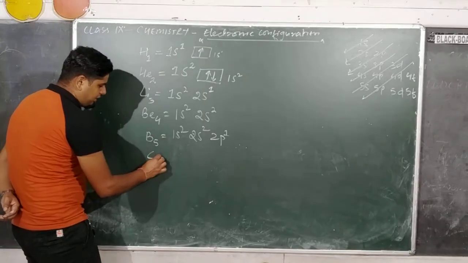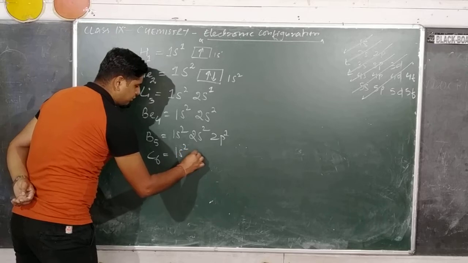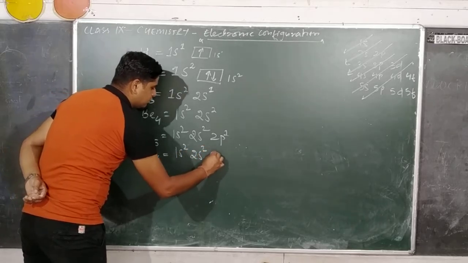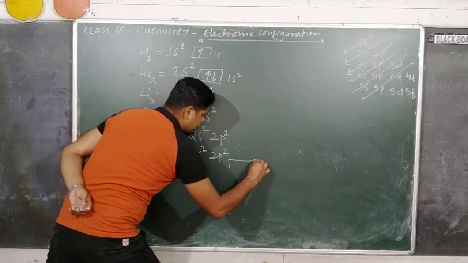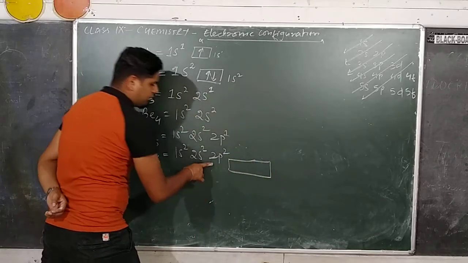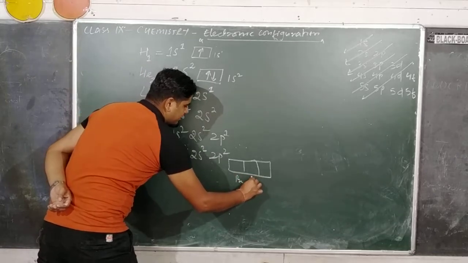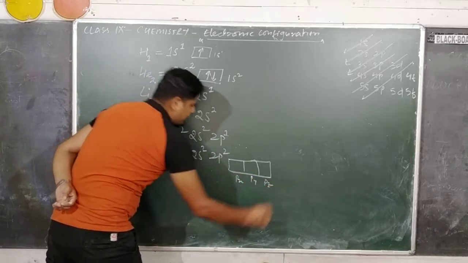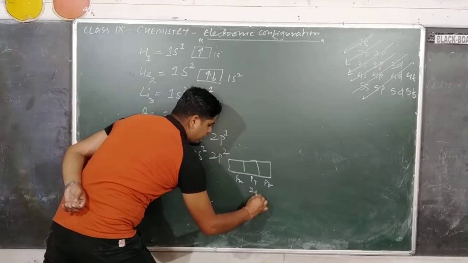Carbon, how many electrons? 6, atomic number 6. So it will be 1s2, 2s2, 2p2. So how to add electrons in this p subshell? As you know, the p subshell is divided into 3 parts: px, py, pz. So this is the 2p orbitals.